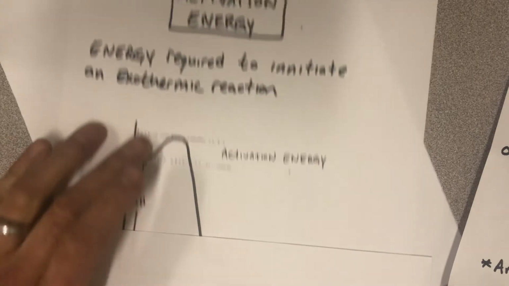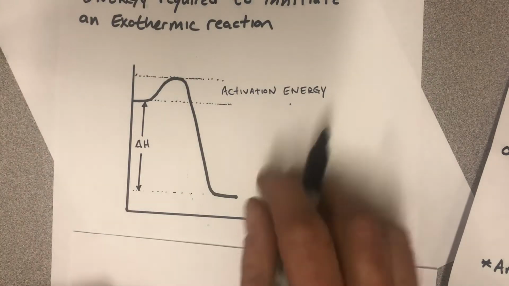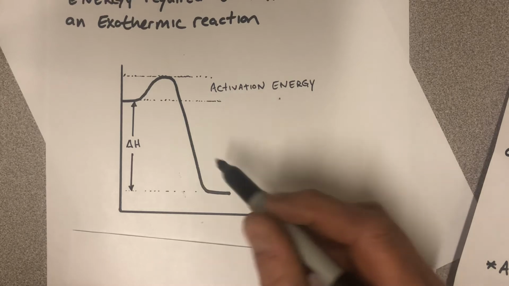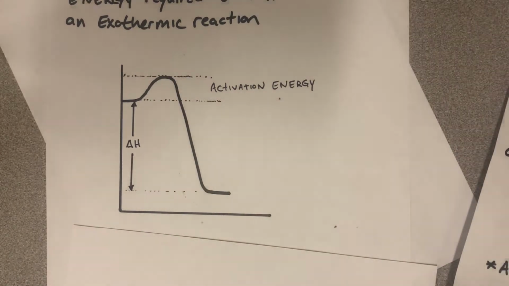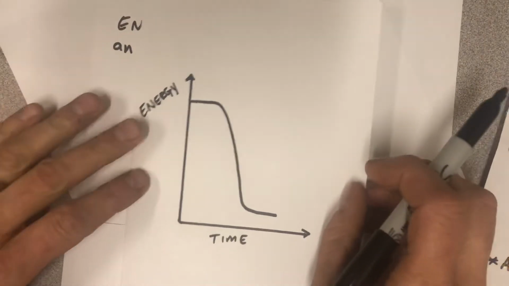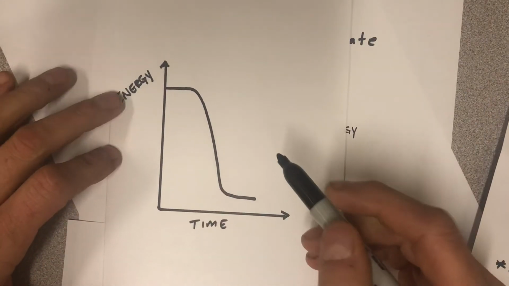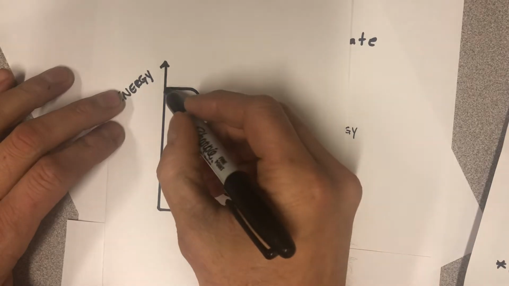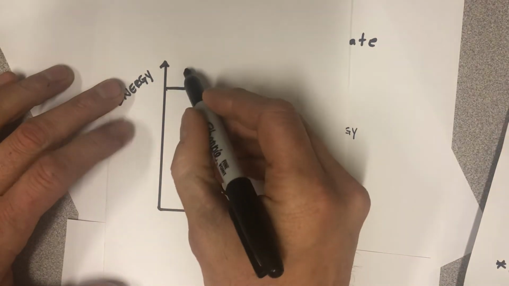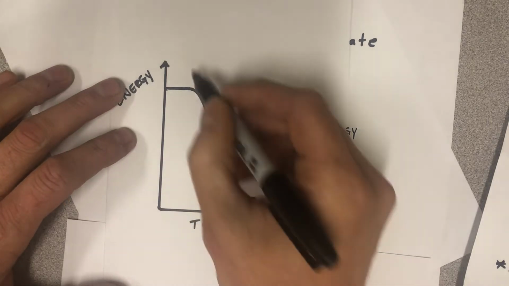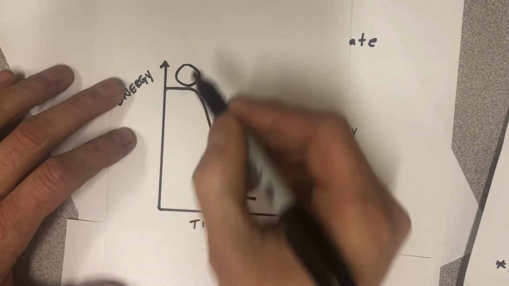And so here's what a real exothermic reaction curve typically looks like. We have, I'll put this one up here to show you what we used to think of as an exothermic curve, where we start high and end low in terms of energy. And I want you to think for a minute about this being like a ramp that maybe a ball would roll down.